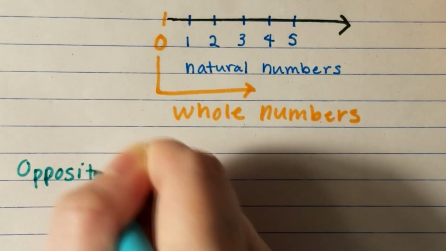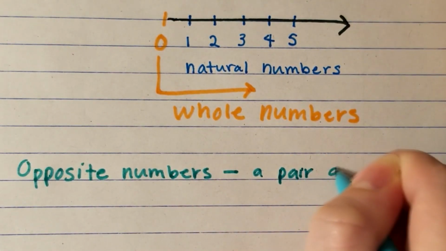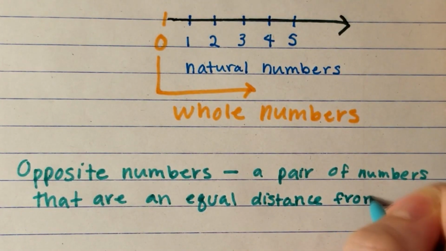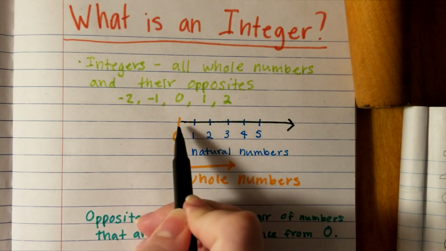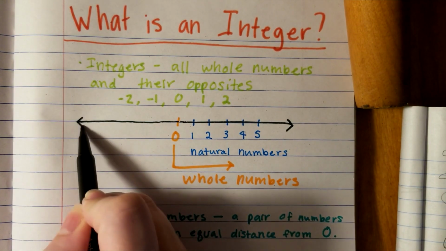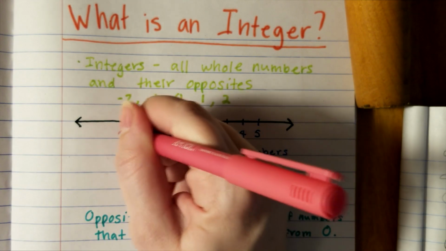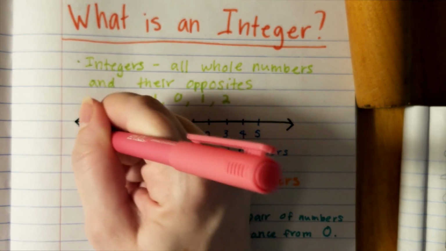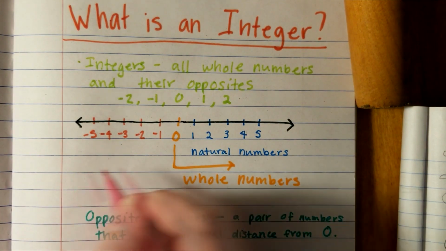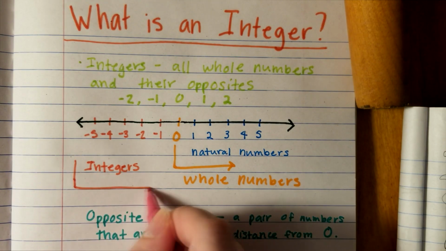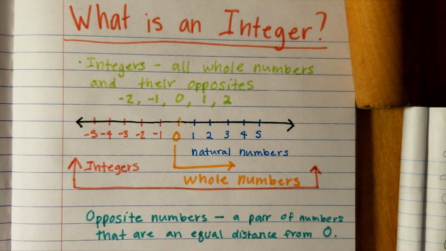Oh, vocabulary word! A number's opposite is defined as a pair of numbers that are an equal distance from 0. We can use this information to create the rest of our number line. If the number 1 is 1 space away from 0, its opposite is -1, because it is also 1 space away. 2's opposite is -2, and 3's opposite is -3.